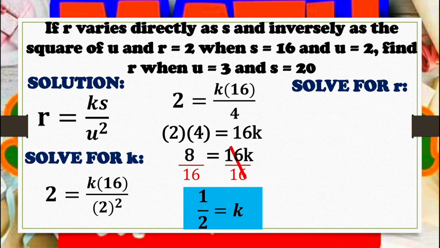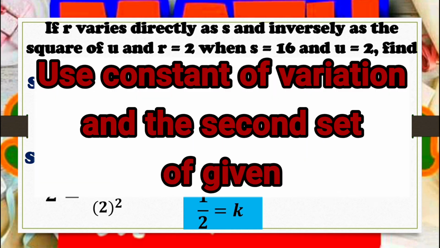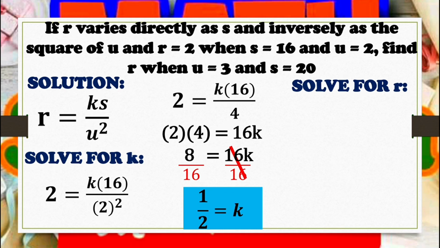So in finding r, all we need to do is to use the constant of variation and the second set of our given. I am referring to the value of our u, which is equal to 3, and s, which is equal to 20. So therefore, we will have r is equal to 1/2, being the value of our k, times our 20, which is the value of our s, all over 3 squared, where 3 is the value of our u.